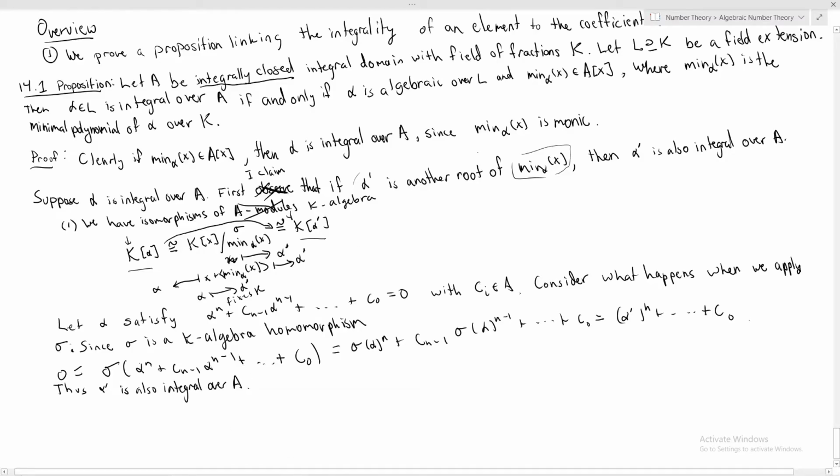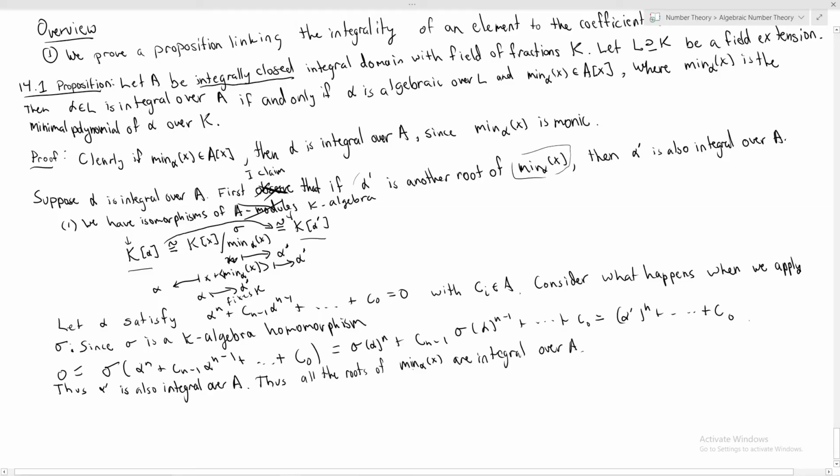So what does this tell me? It tells me that all the roots of the minimal polynomial of alpha are integral over A. So, moral: yes, all the roots of the minimal polynomial of alpha of x are integral over A. Now, what can we say about the coefficients?